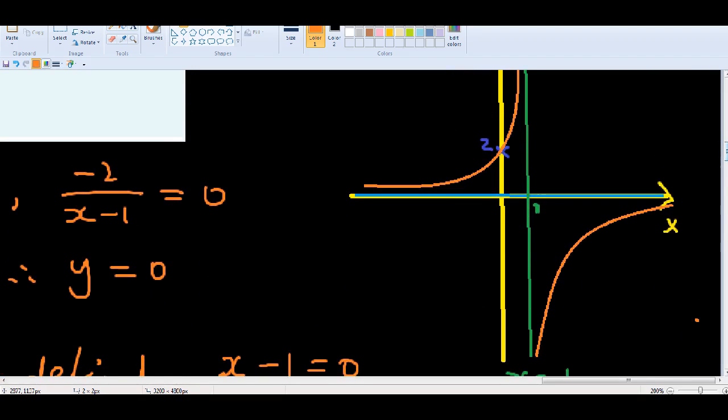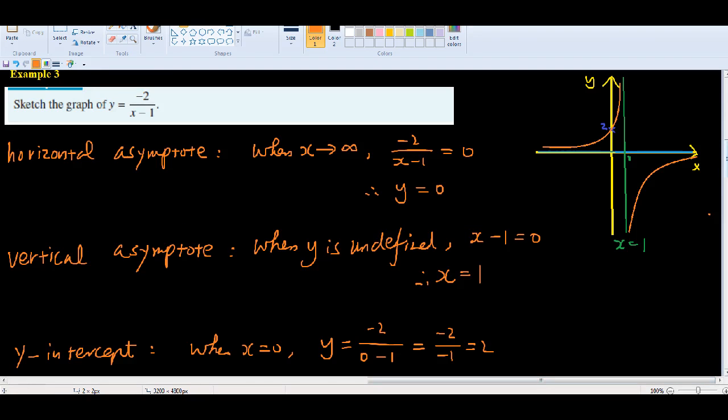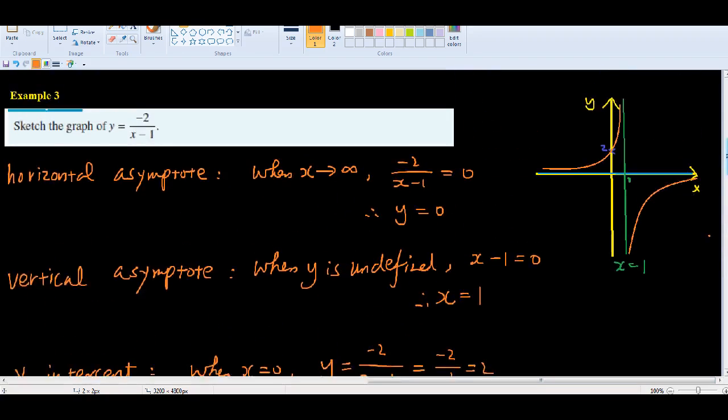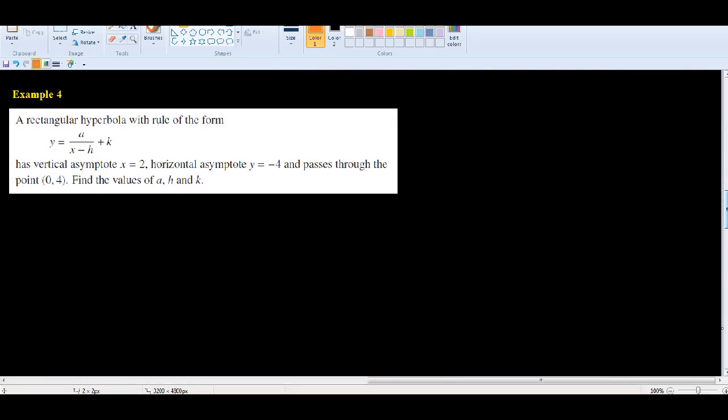By doing so, you can pass through that blue point, and your curve also approaches the asymptotes as well. So that shows how we could sketch the curve.